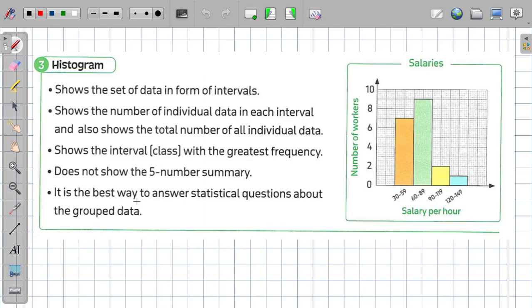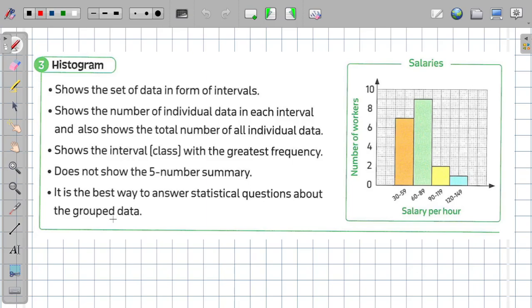The third way to show data or represent data is the histogram. The histogram shows the set of data in the form of intervals, so we cannot show individual data. Histogram shows the number of individual data in each interval and also shows the total number of all individual data.